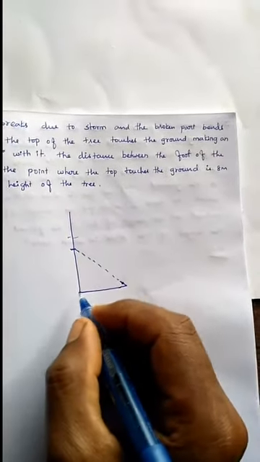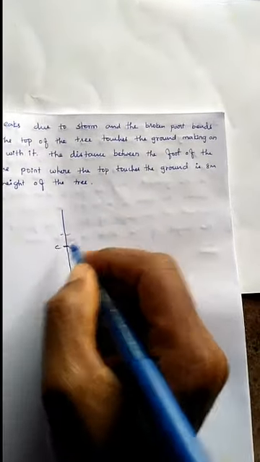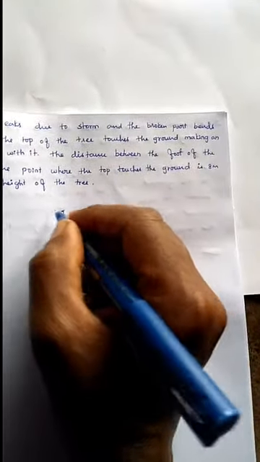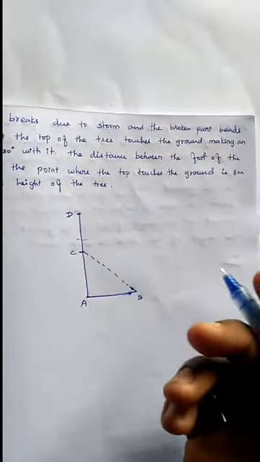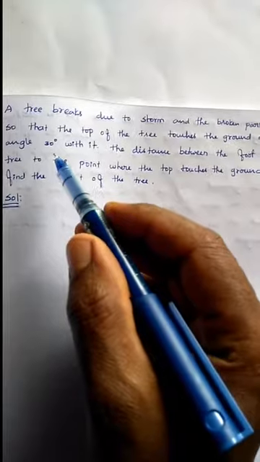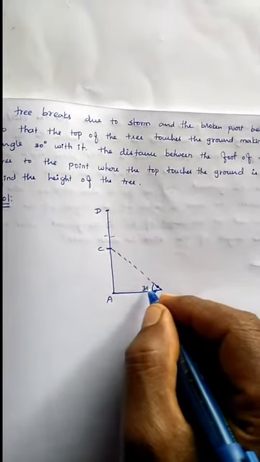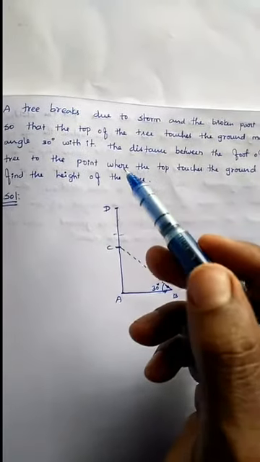Understand? So let's give the names A, B, C, and this point if you want to take, you can take as D. Now making an angle with it, how much degree? 30 degree. So this angle is given 30 degree with it.